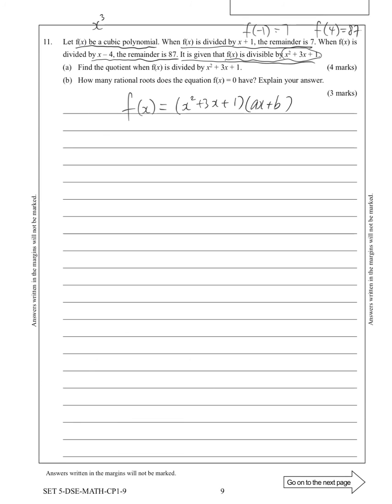We don't know what they are, so we have to multiply ax plus b to this polynomial to make it a cubic polynomial. Okay, so now f(x) is really a cubic polynomial, and by making it so, we actually created two unknowns. Perfectly, they gave us the things we need, because f(-1) equal to 7 and f(4) equal to 87 will help us solve what a and b are, and therefore we can find the full equation.